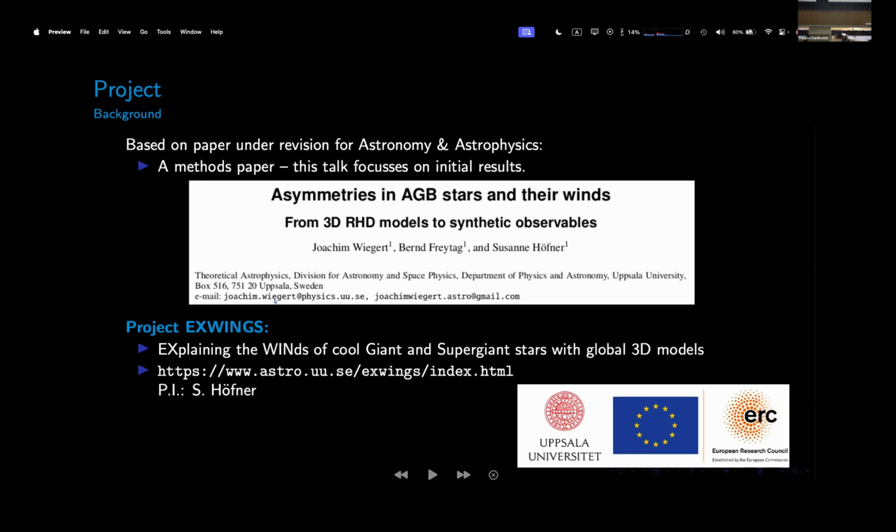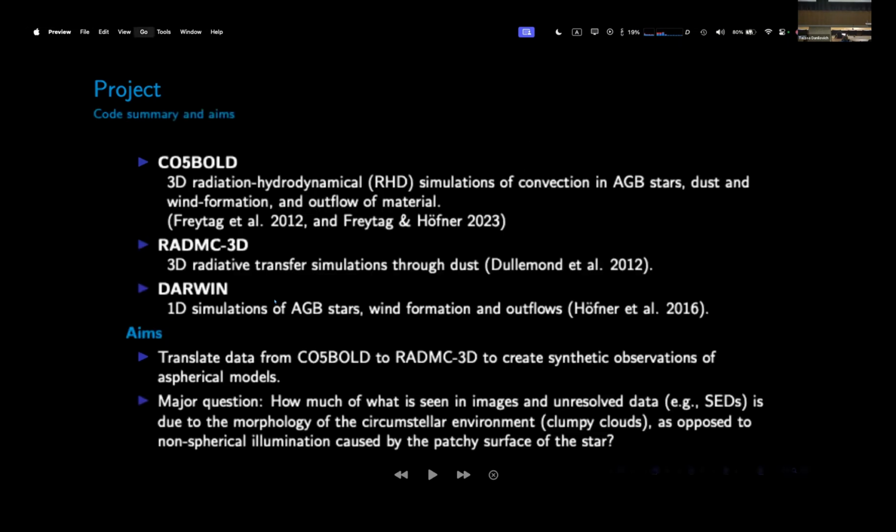We're running a number of codes in our group. The primary one is Cobalt, which is a 3D radiation-hydrodynamical code that simulates both the interior and exterior of AGB stars inside a box of varied sizes, as large as we can make them.